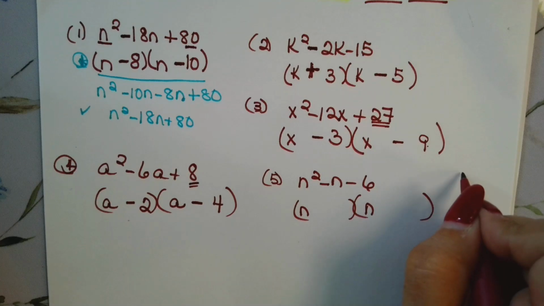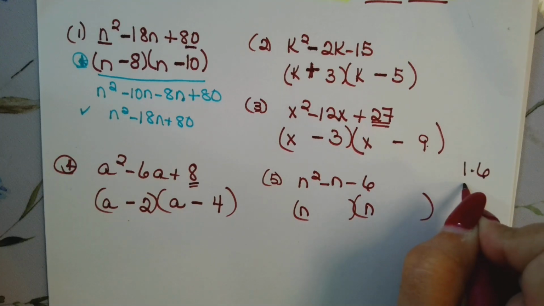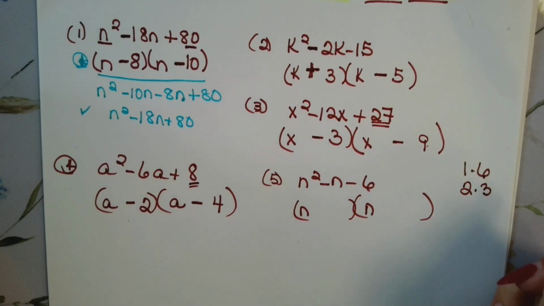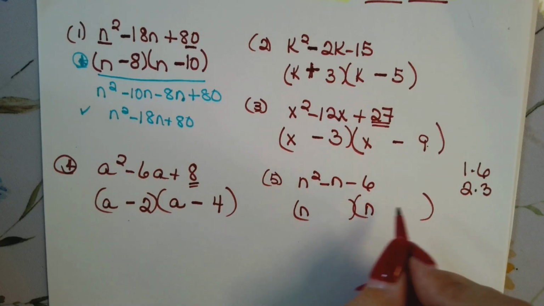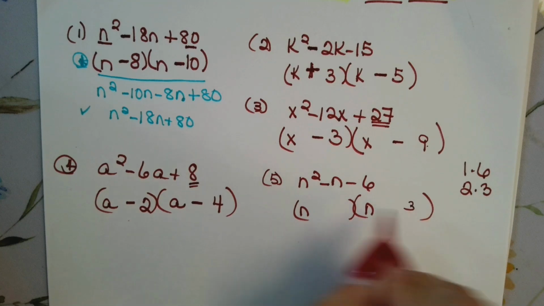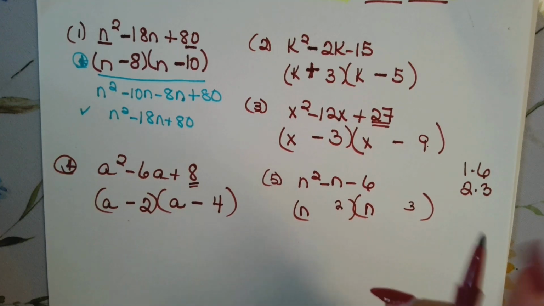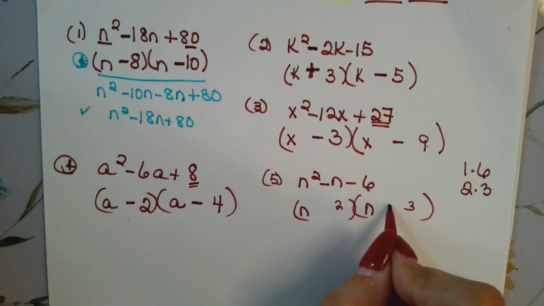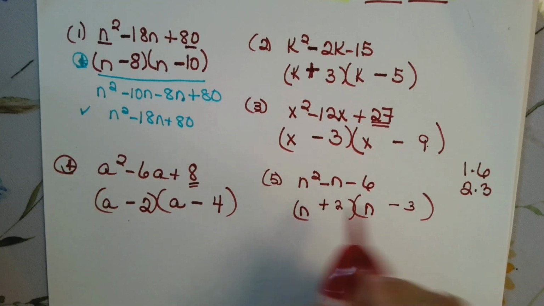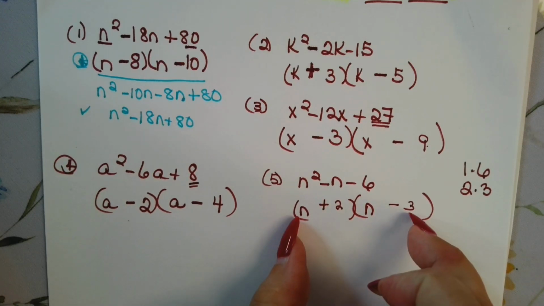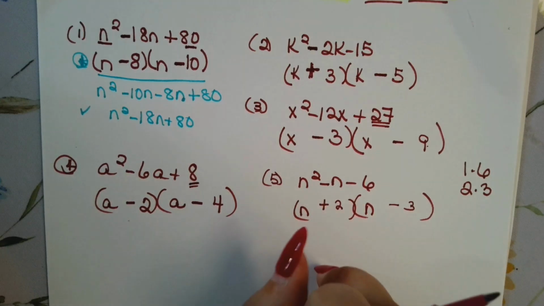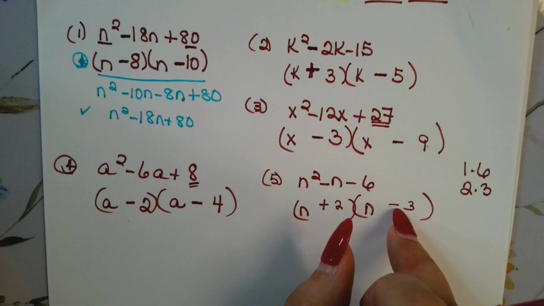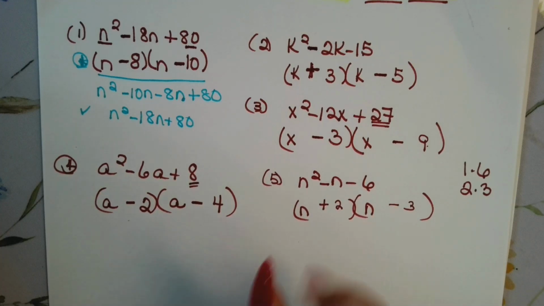So factors of 6 could be 1 and 6, and they could be 2 and 3. If we use 2 and 3, if I put a 3 here and a 2 here, and make this one negative and this one positive, this is going to give me negative 3n plus 2n. That's going to give me negative 1n. And then 2 times negative 3, that's going to give me negative 6. So that one works. This one's good.